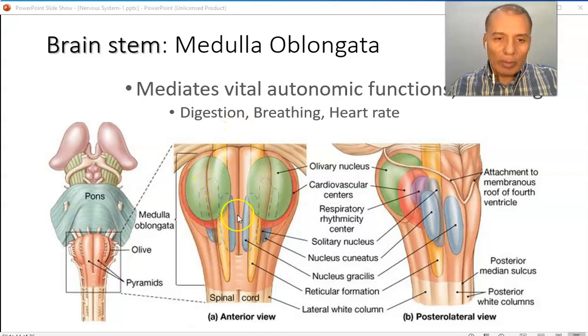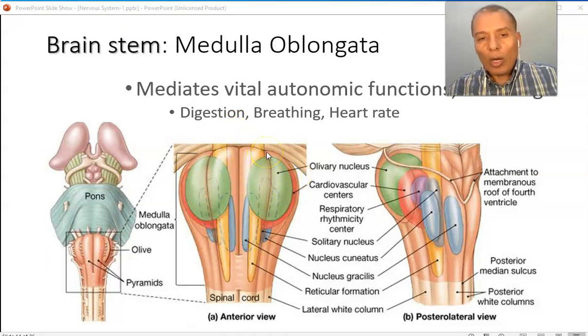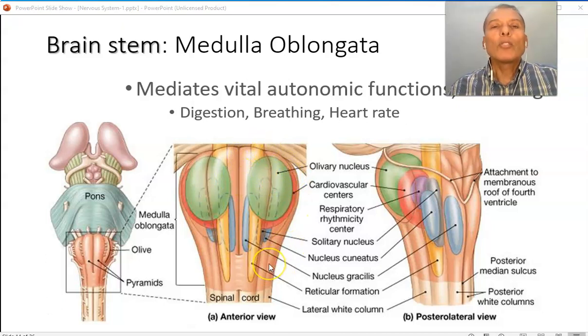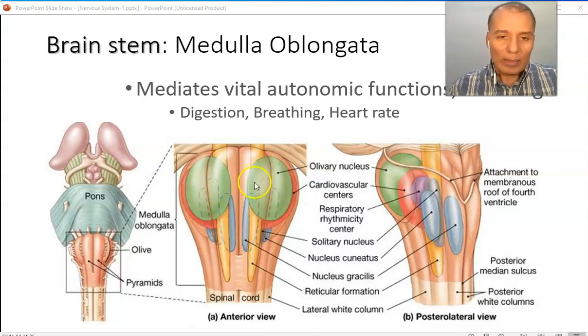When you split it in the middle, you get two pieces. They are bigger at the top and smaller at the bottom. We call these the medullary pyramids, like upside down pyramids. And something is special about the medulla.